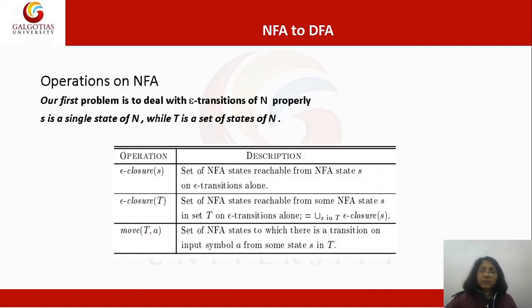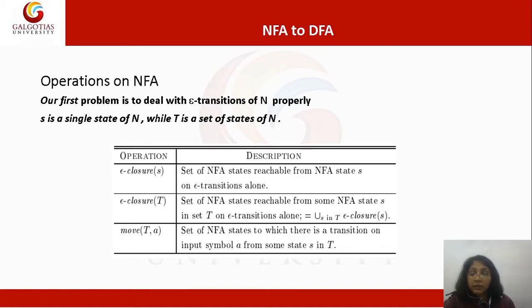Now, there are certain basic operations that you are supposed to know before going to that. One is epsilon closure. Epsilon closure of S, where S is a single state, gives you the set of NFA states which are reachable from the NFA state S on epsilon transitions only.